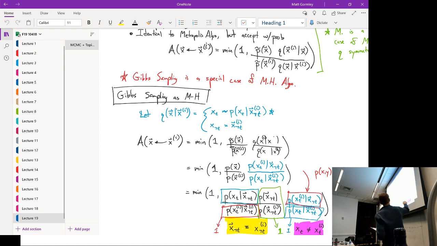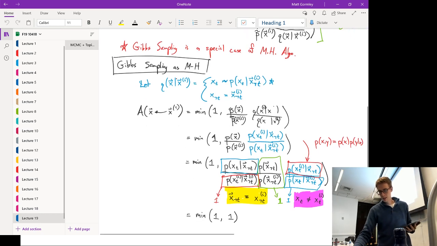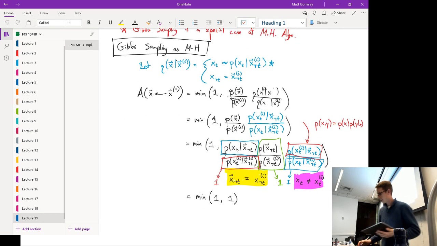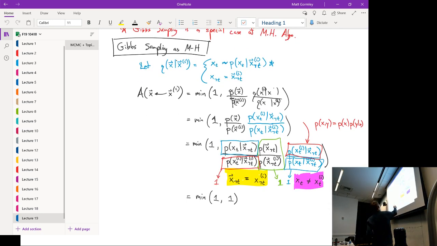So this whole thing, we can see now that the acceptance probability, no matter what the value of xt and xti, is always going to be 1. And so Gibbs sampling is just the Metropolis-Hastings algorithm, where our proposal is defined like that, and where, because of our proposal distribution being of this particular form, we always accept.